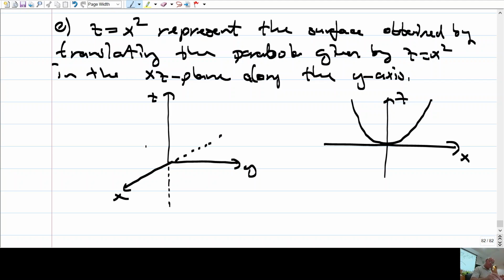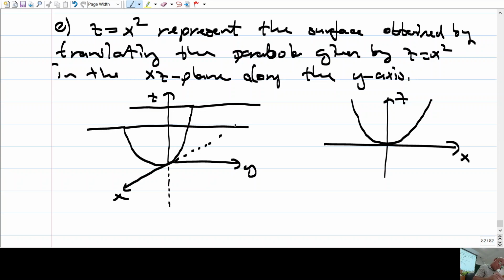In the xz plane, that parabola is something like this, right? And you translate this along the y-axis. So, okay, let me do that. Translate this along the y-axis. Okay, so you get something like this.